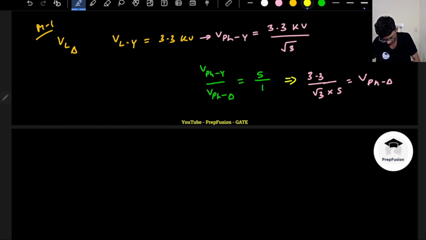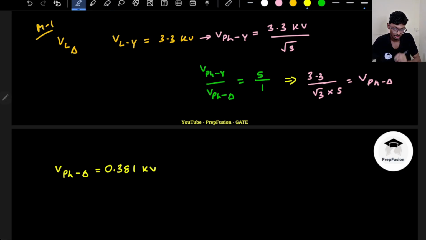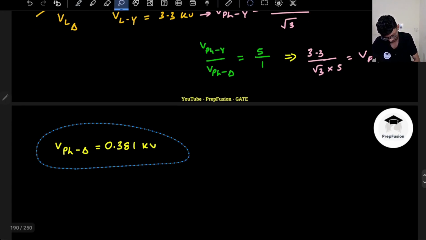So my V phase on the delta side will be 0.381 kV. Okay, this is the voltage on the delta side.